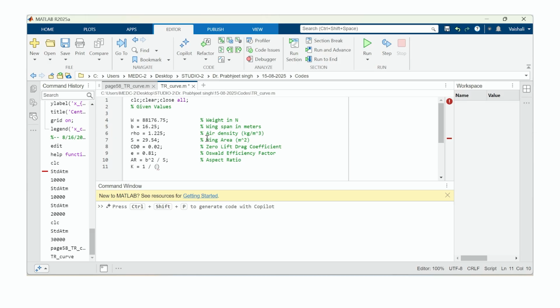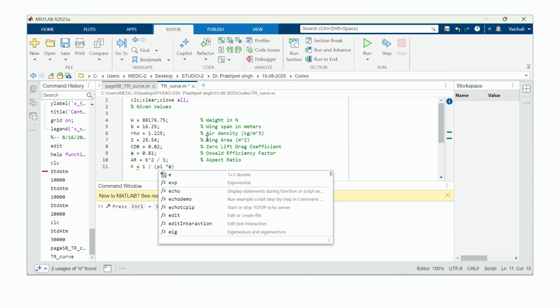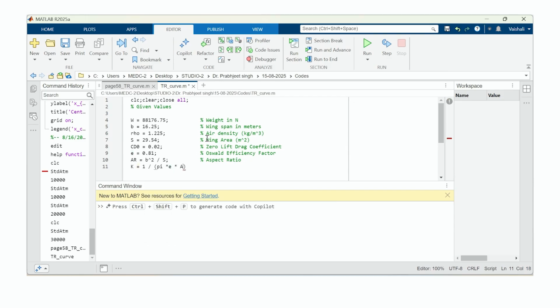Whatever is in the denominator, always mention in brackets, otherwise MATLAB will assume it is in the numerator. So pi into E into AR. Now this is your induced drag correction factor.